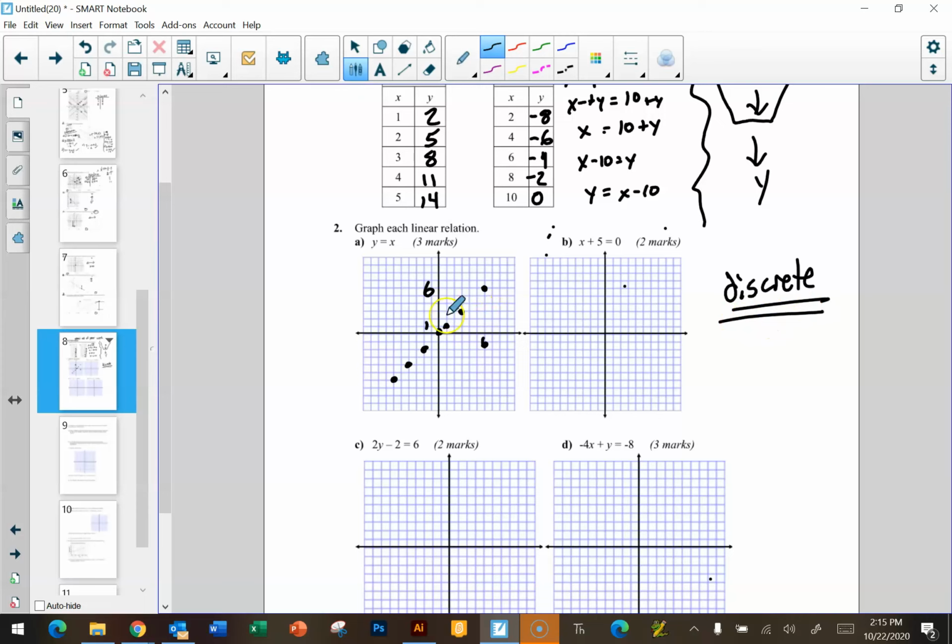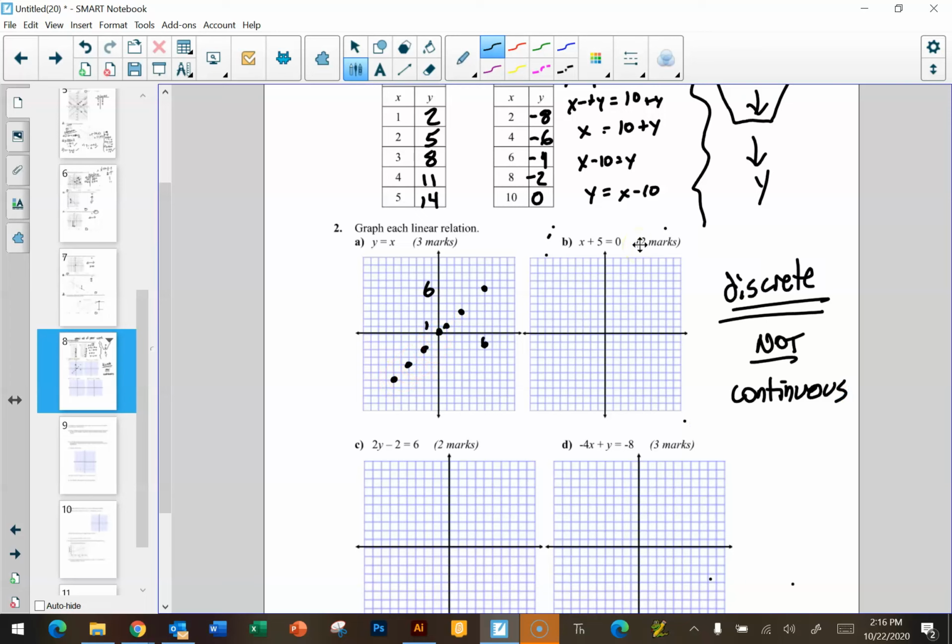That means dots that aren't connected by a line, unless the question specifically tells you that it's continuous. If it tells you that it's continuous, that's when you would join all the points with the line.